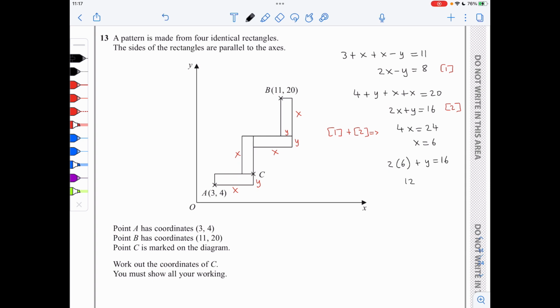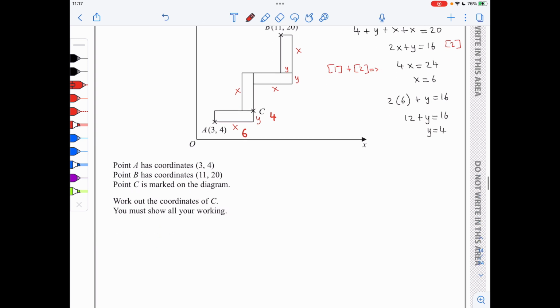So 12 plus y is 16, which means that y is 4. So to go from point A to point C, I will have to go 6 units to the right and then 4 units up, which takes me to 9, 8. These are the coordinates of the point C.